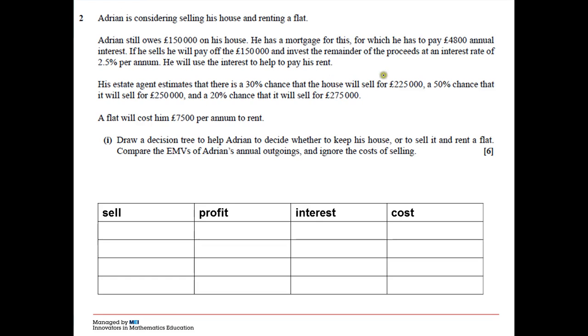Now the estate agent's given him quite a bit of information here about what he can expect to get, and he knows that a flat's going to cost him £7,500 in rent. So first of all, we're asked to draw a decision tree to help him decide whether or not to sell his house.